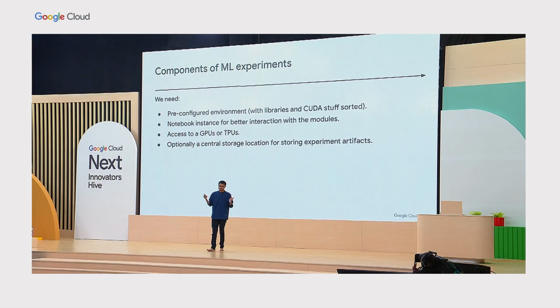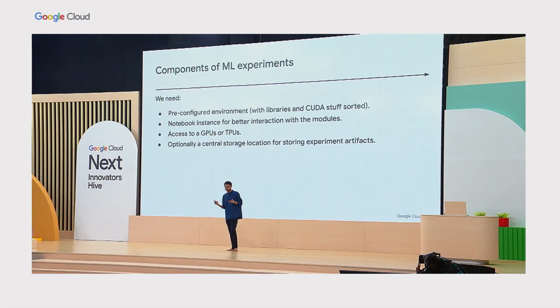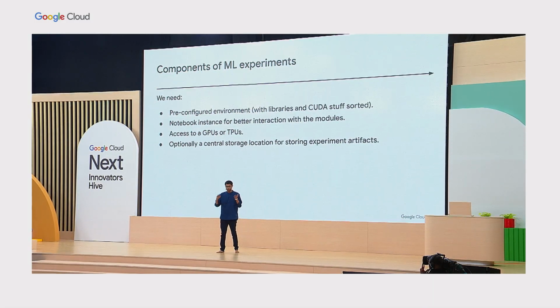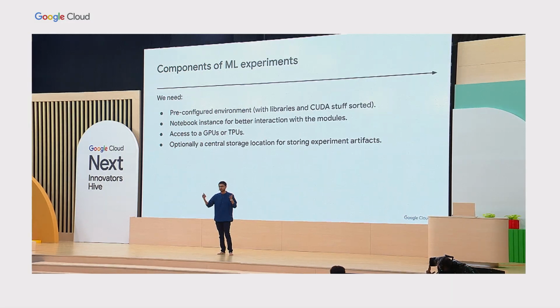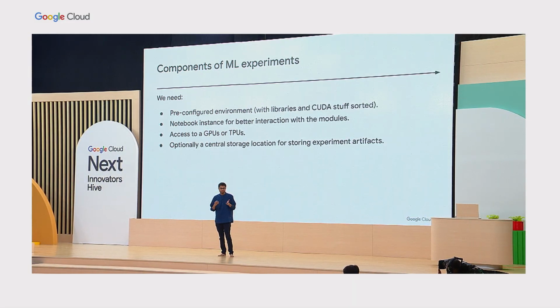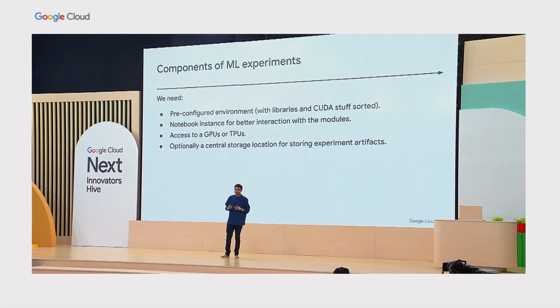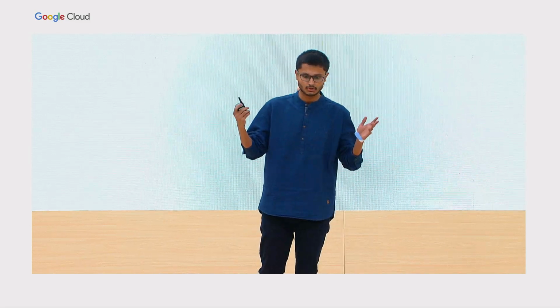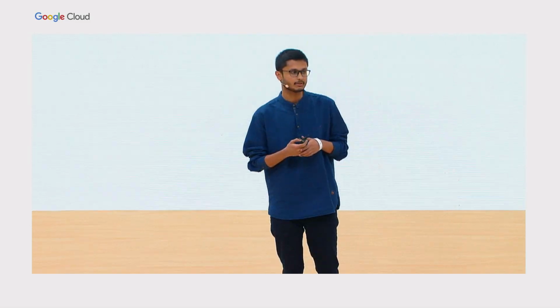As with most of the other services on GCP, Vertex AI provides you with a graphical user interface that follows a point and click kind of workflow. But before we go to the Vertex AI part, let's quickly discuss the main components of running an ML experiment. You would want a pre-configured environment where you have all the dependencies and the CUDA stuff sorted out.